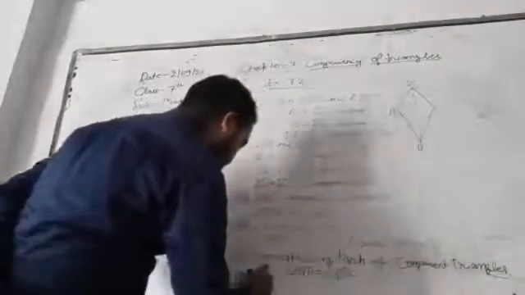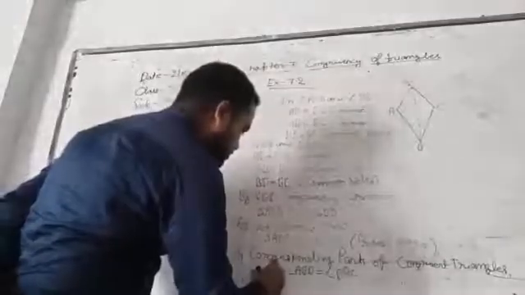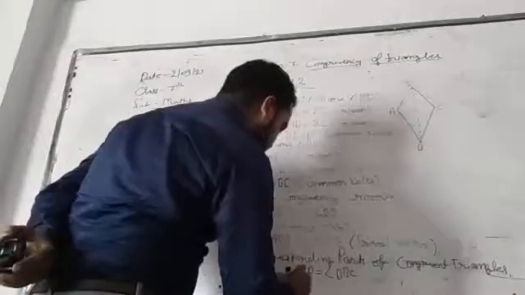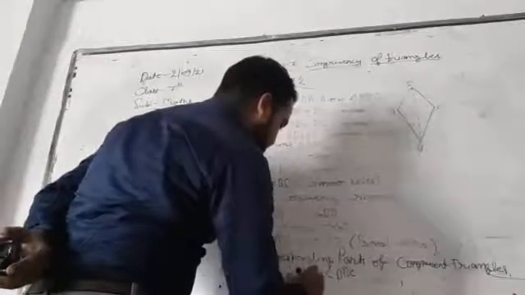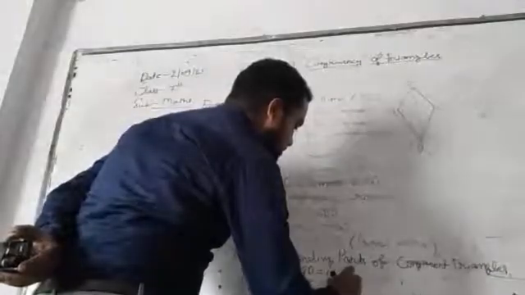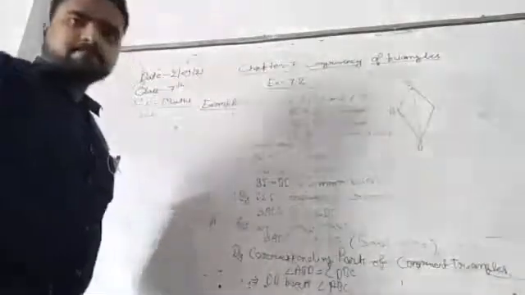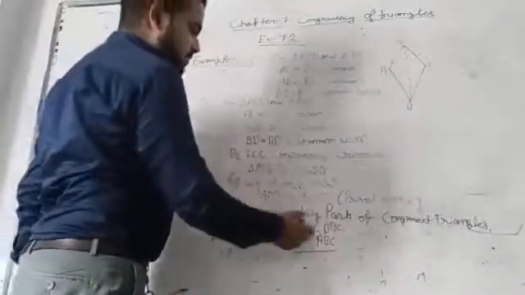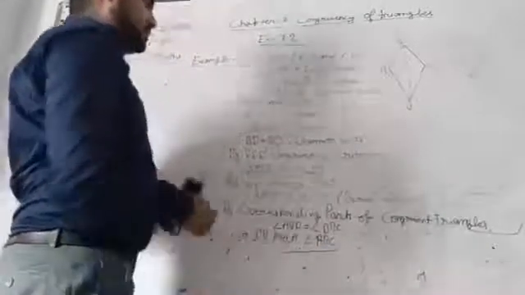So now we can say that BD bisects angle ABC. Okay. So BD bisects angle ABC because angle ABD is equal to angle DBC.